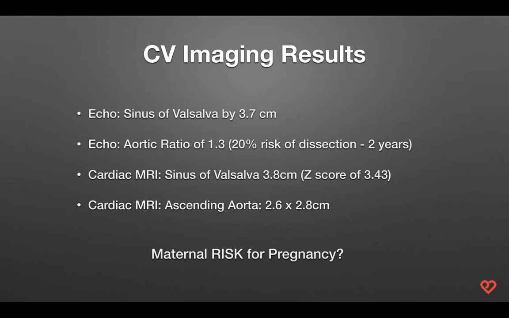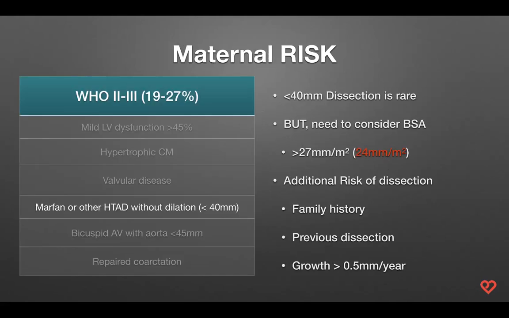So how do you talk about maternal risk of pregnancy? We can take the WHO classification and go through that. And she basically falls into WHO 2 to 3, Marfan's or other hereditary aortic disease without significant dilation. She's less than 40 millimeters.